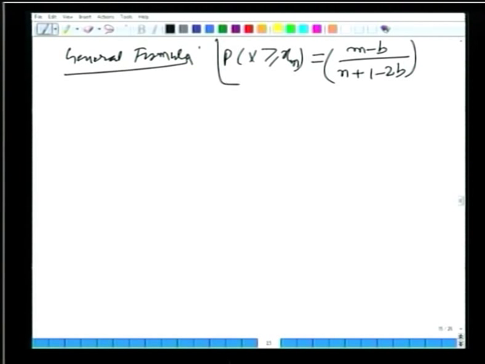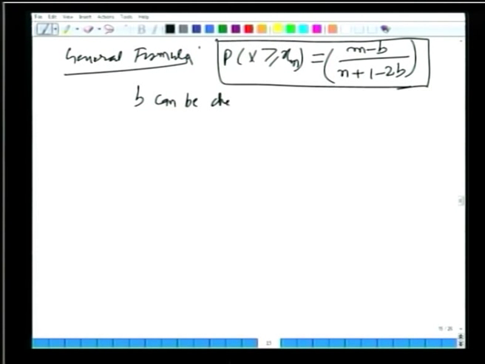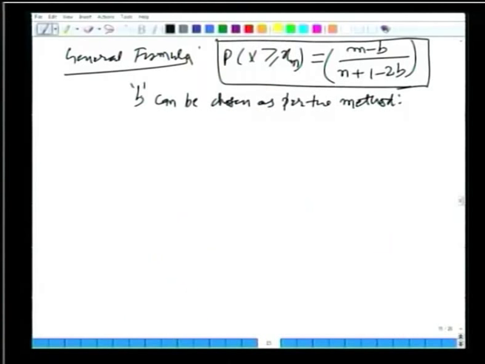So, this is a general plotting position equation, and b can be chosen as per your method. Or one can use 2-3 different methods and then determine which one gives you the best results. This is a very preliminary or approximate method of carrying out the frequency analysis.